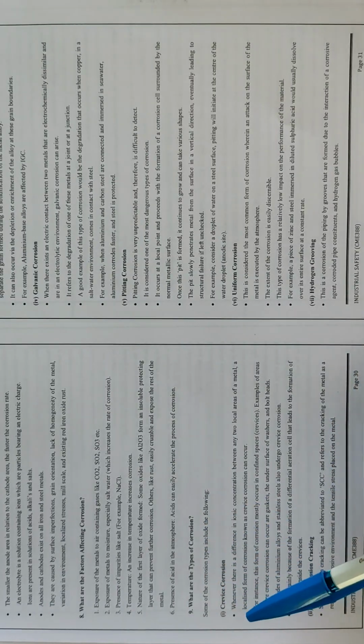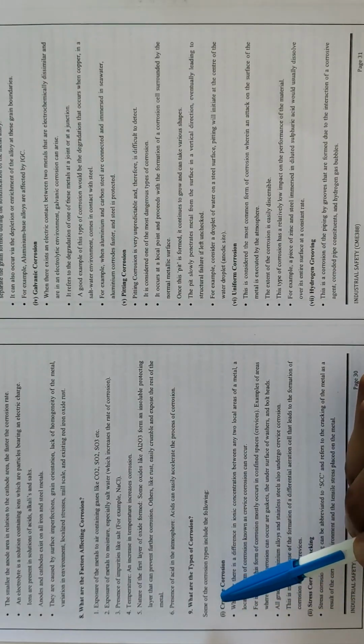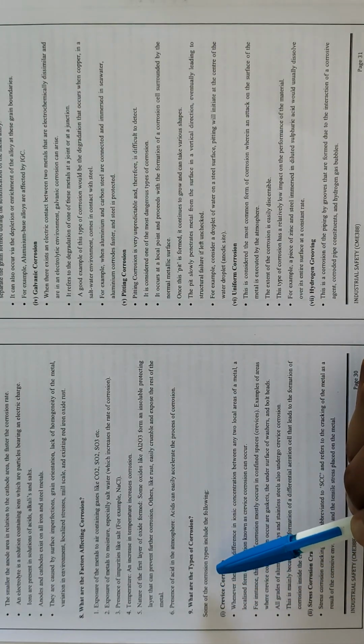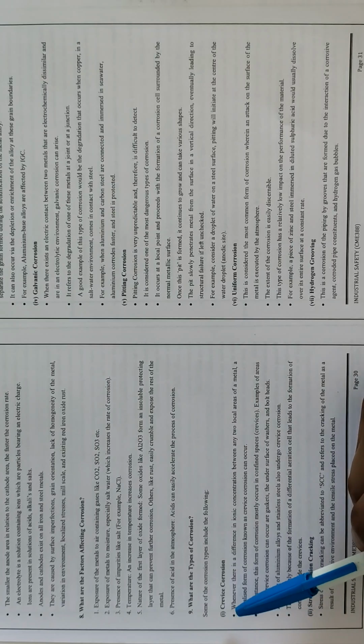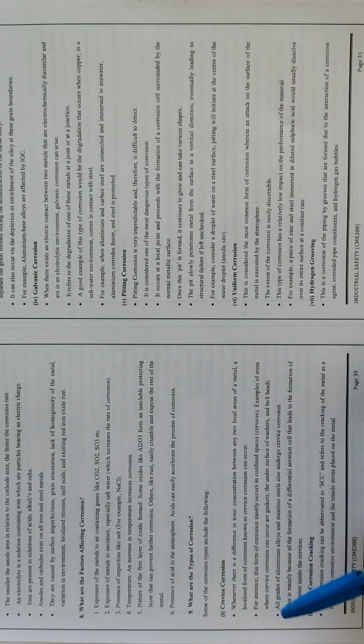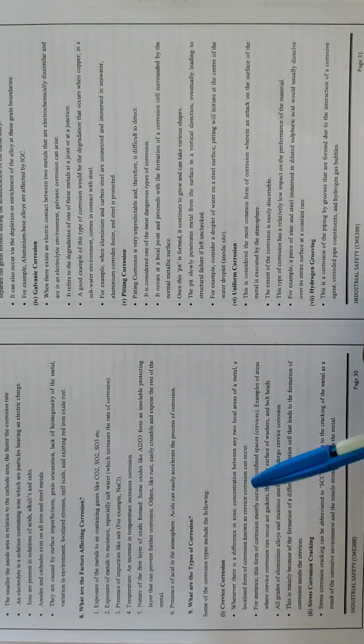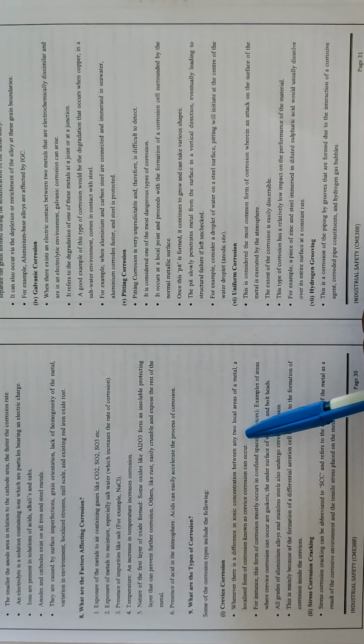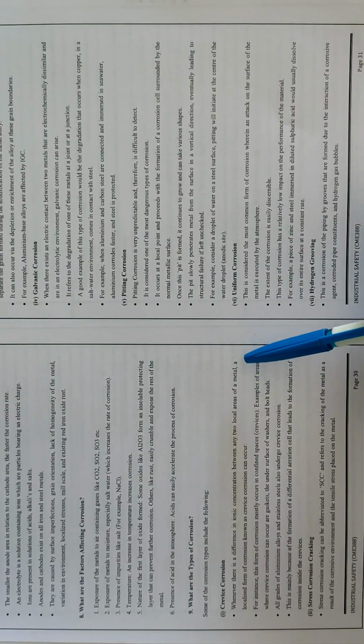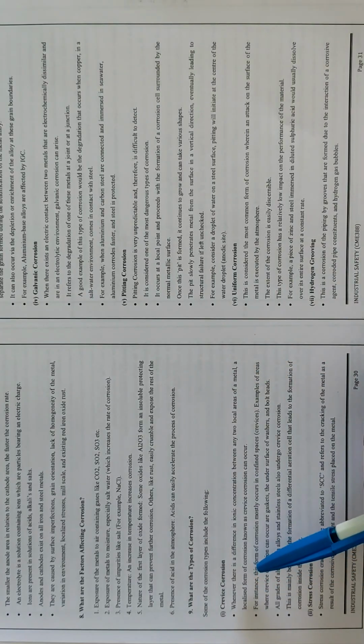Some of the corrosion types include the following: crevice corrosion. Whenever there is a difference in ionic concentration between any two local areas of a metal, a localized form of corrosion known as crevice corrosion can occur.